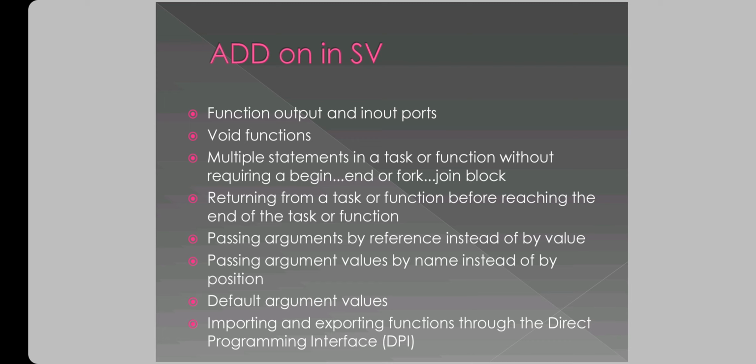This importing and exporting of functions is not included in this lecture, as it is not so important at the beginning of your career. If it is required, I'll make another video on this. Importing and exporting of functions and subroutines is part of the direct programming interface, the DPI, but not of normal coding.